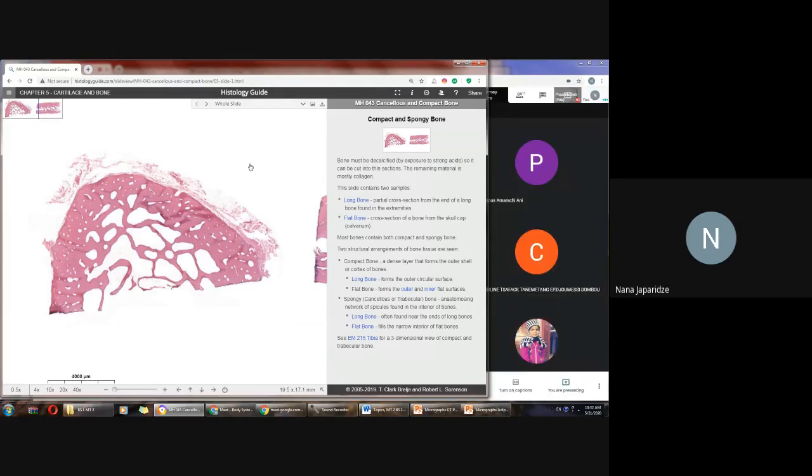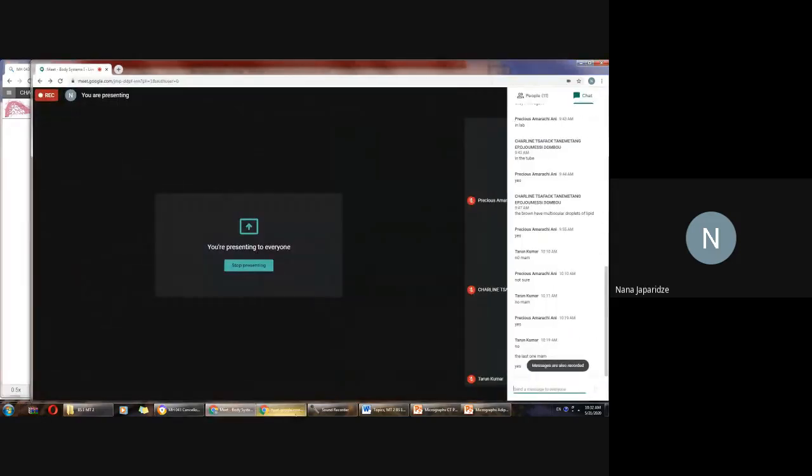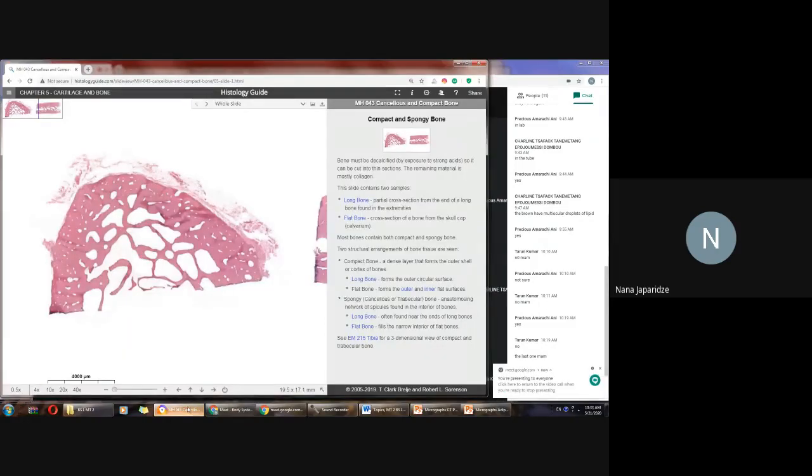These are the two different types of processes which provide the formation of bones and also reshaping of the bones.